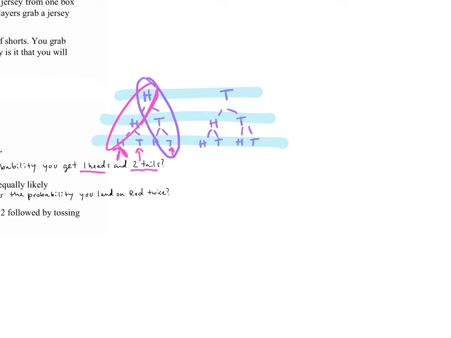And then here we have 1 heads and 2 tails. And here we have 1 heads and 2 tails. So that would be 3 out of 8. So there's 8 different possible outcomes when you flip 3 coins, and 3 of those gives you exactly 1 heads and 2 tails.